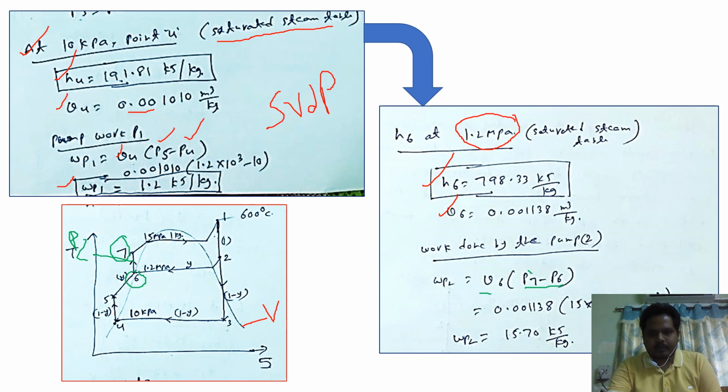Here also we know the values of P7, P6 and V6. P7 and P6 values are already given in the problem. V6 value we have taken from the steam table. Once you substitute the values, you will get the work done by the pump in the process 6 to 7, that is 15.70 kilojoule per kg.